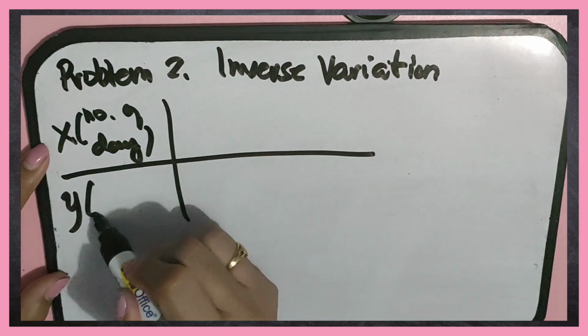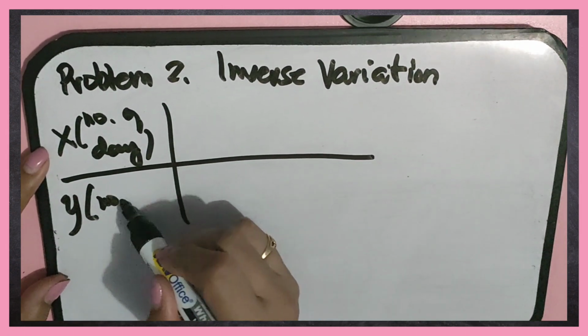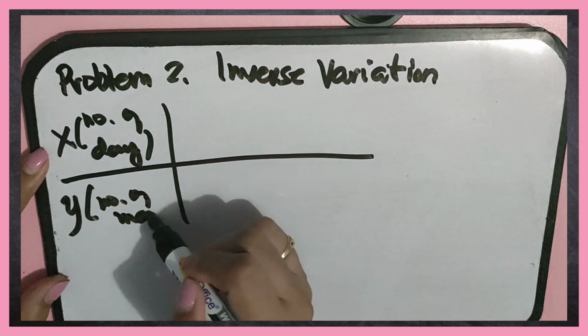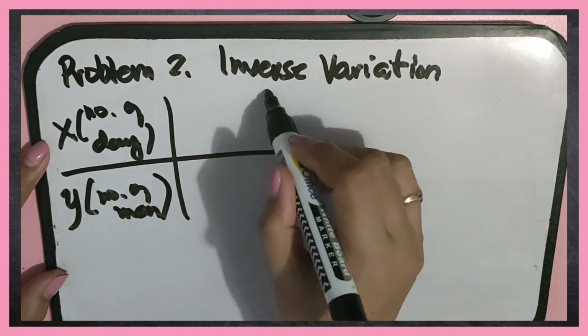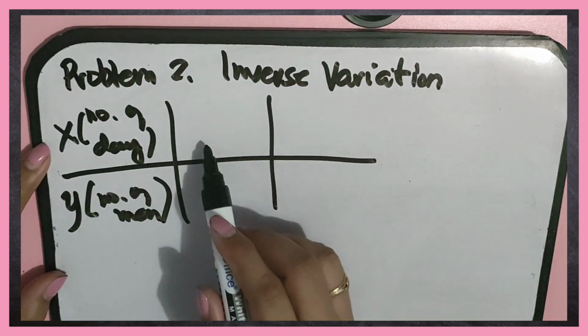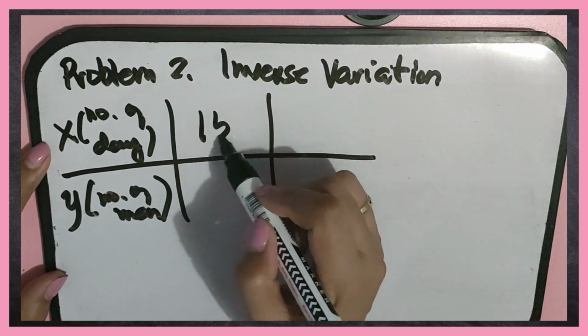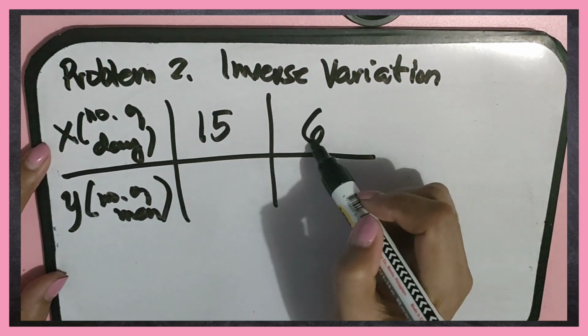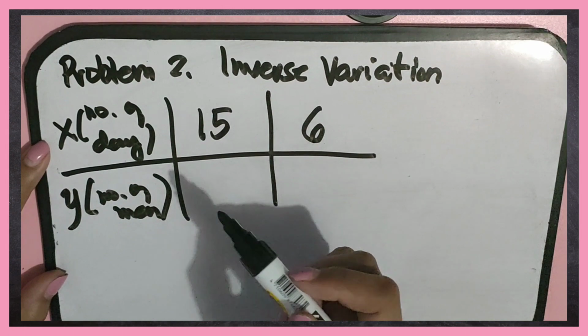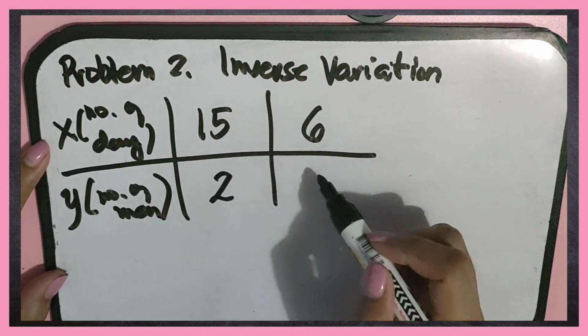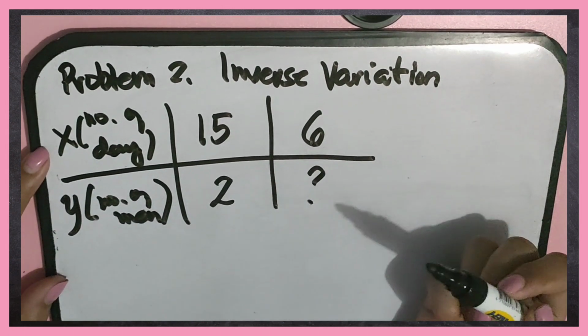Then the second one is the number of men needed. Okay. So we have the number of days is 15 and the second one is 6. So the number of men needed is 2. Then this is missing.